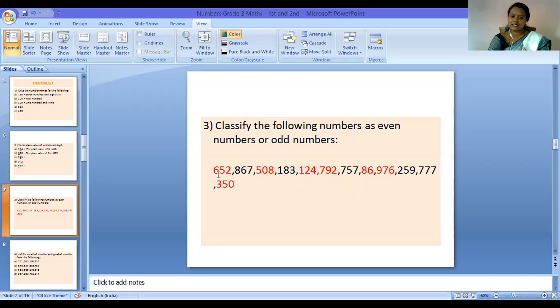So here you can see 652, 508, 124, 792, 86, 976 and 350 are all even numbers. Whereas with the black ones, that is 867, 183, 757, 259, 777 are said to be odd numbers.